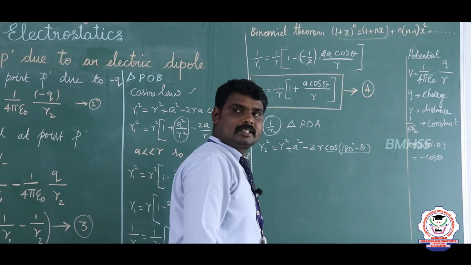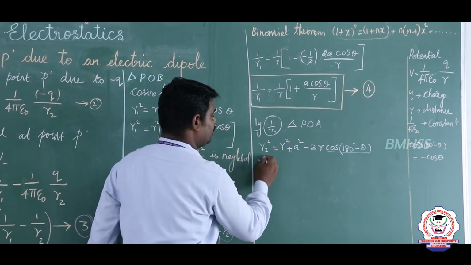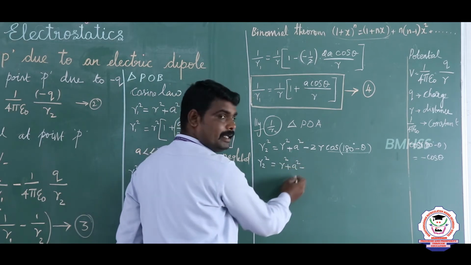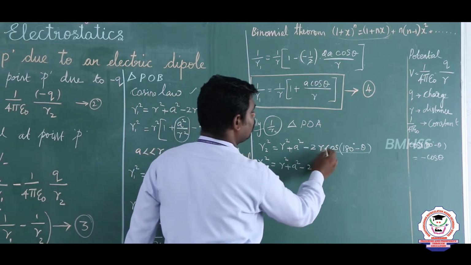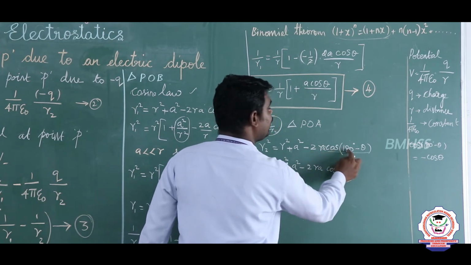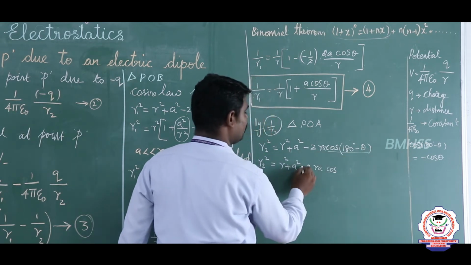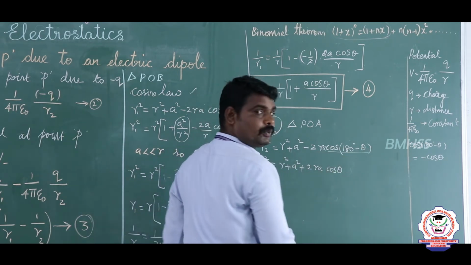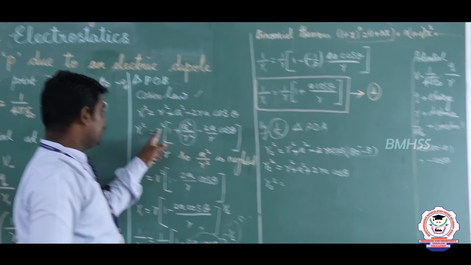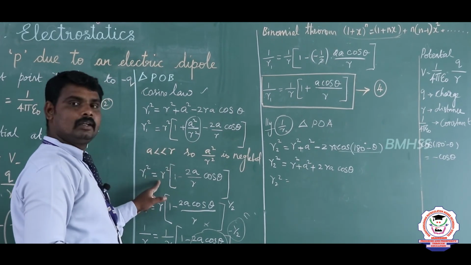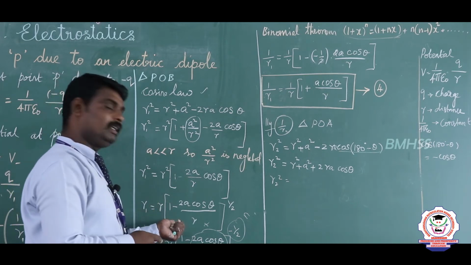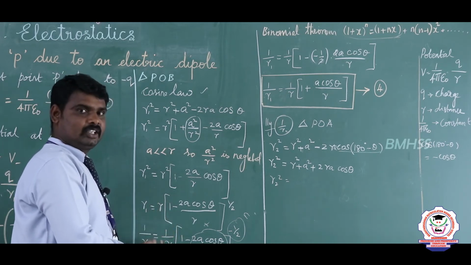So R2 square is equal to R square plus A square minus 2RA cos 180 minus theta, which is minus cos theta, so minus into minus is plus. Okay, what is our next step? Take R square common, then neglect this term, then take root on both sides, then take the inverse of this equation.